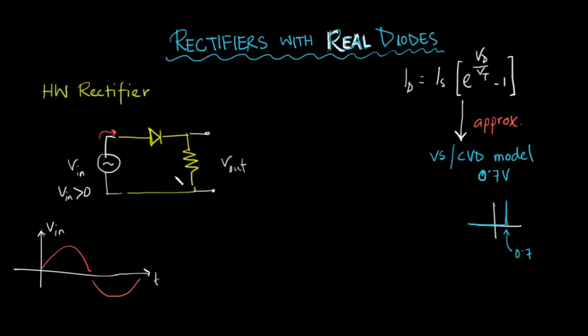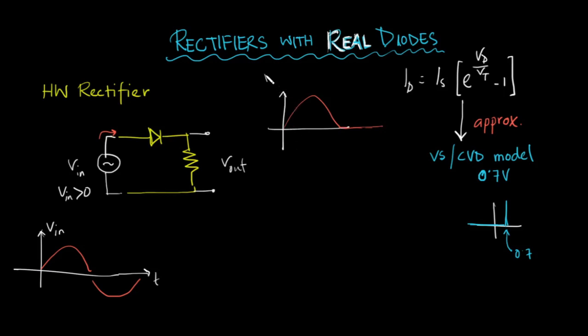Okay, so this rectifier will not start working unless the input voltage crosses the 0.7 volt threshold. If we had an ideal diode, the graph of the output would be like this for the positive cycle, and we will have no output in the negative cycle.